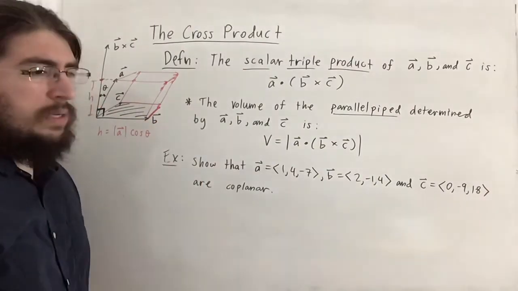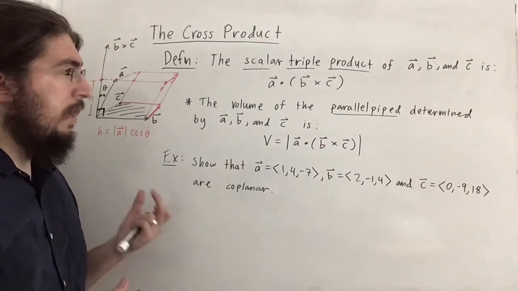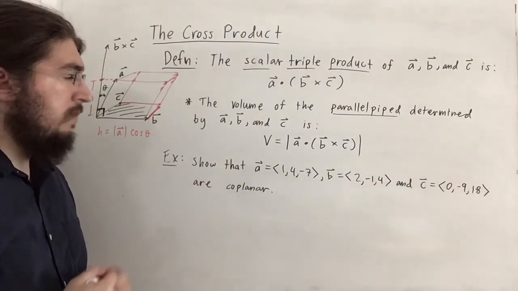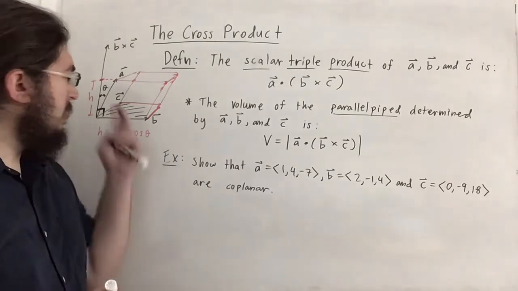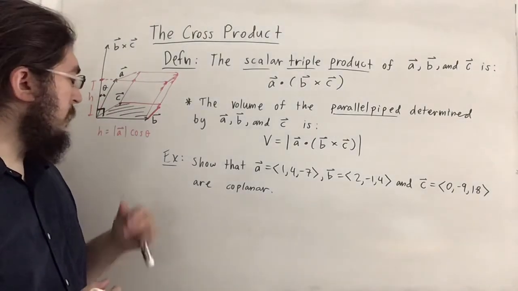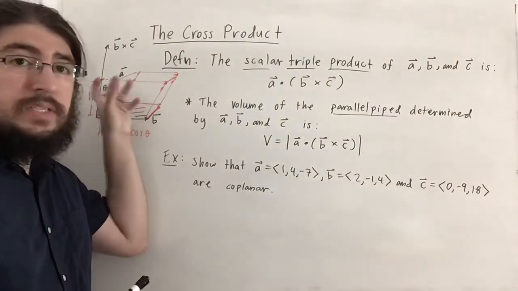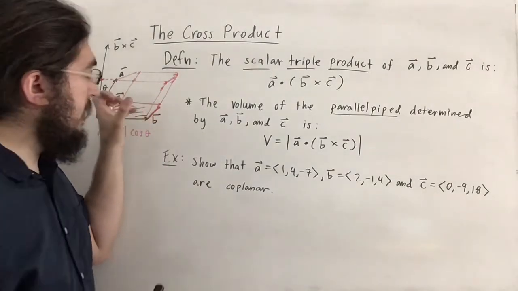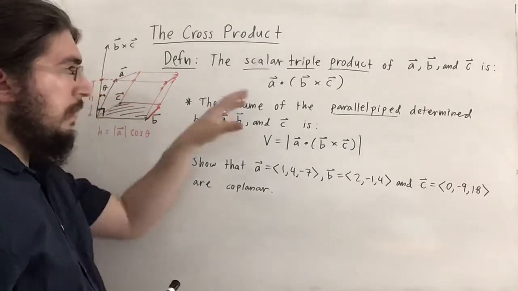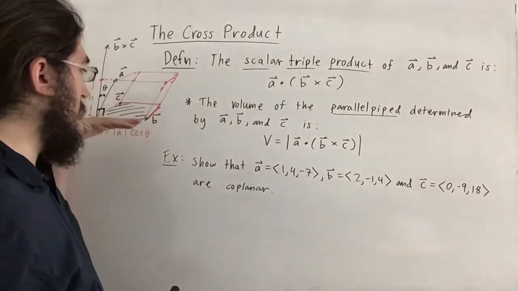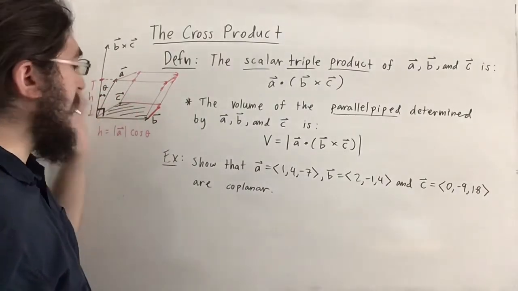This is similar to how we saw for proving that the area of the parallelogram was the magnitude of the cross product of two vectors. So it's a very similar argument. And now all we need is from geometry: the volume of such a parallelepiped is just going to be the base area multiplied by the height h.